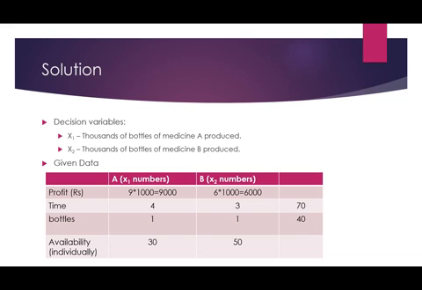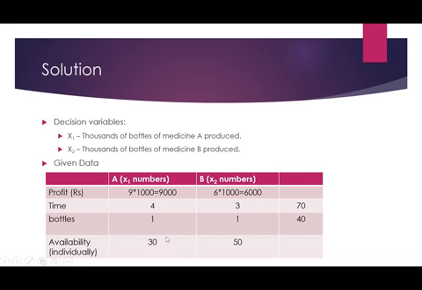Therefore, I assume the coefficients to be 1 and 1. So 1 into x1 plus 1 into x2 should be less than equal to 40, right? Number of thousands of bottles of medicine A plus number of thousands of bottles of medicine B should be less than equal to 40,000 bottles.